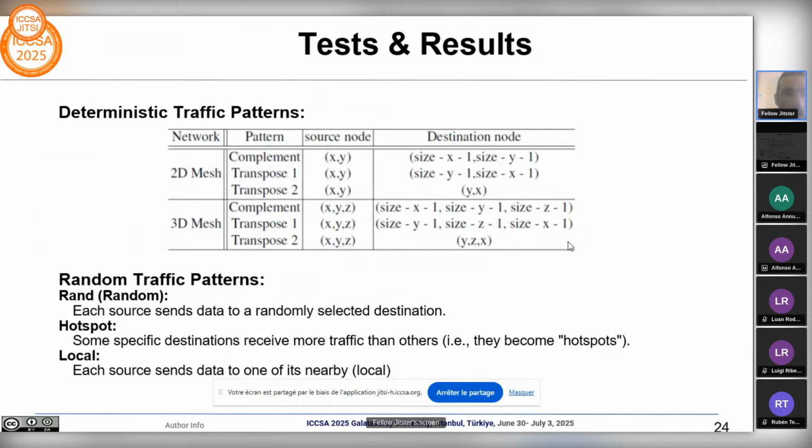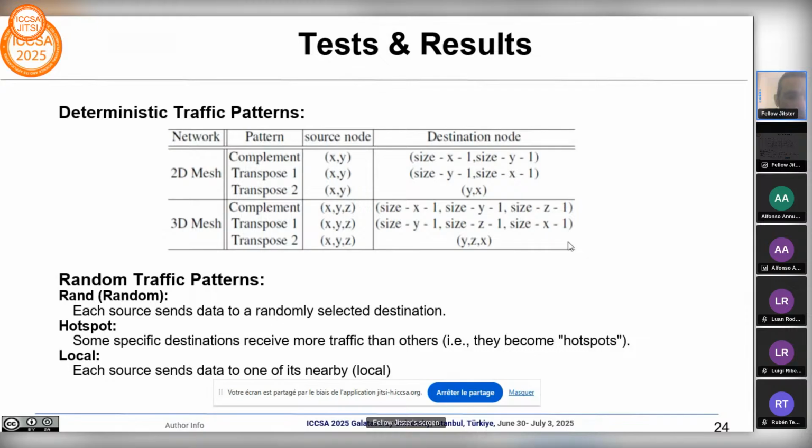In deterministic traffic patterns, we have three: complement, transpose 1, transpose 2, and in each deterministic traffic pattern, we have the source node and how to calculate the destination node from 2D mesh or 3D mesh.